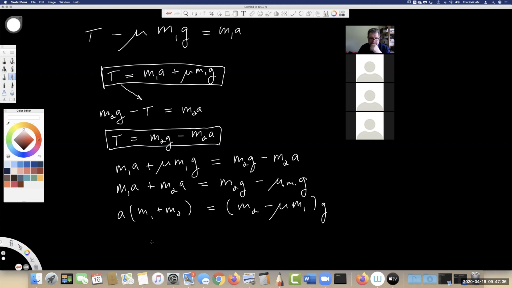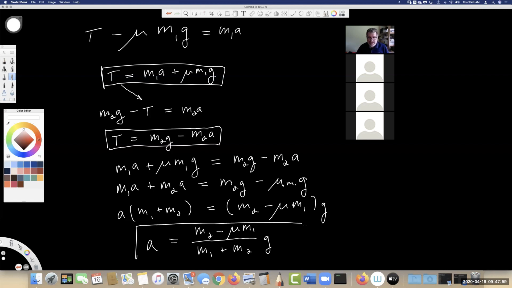Now, divide both sides, and this is going to look ugly because I'm running out of space here, but divide both sides by m1 plus m2, and my final result is that m2 minus mu m1 divided by m1 plus m2 multiplied by g is equal to a. And that is the final answer for the acceleration.